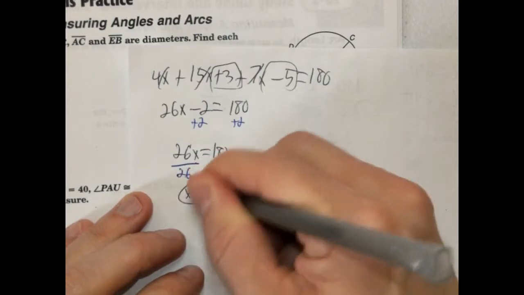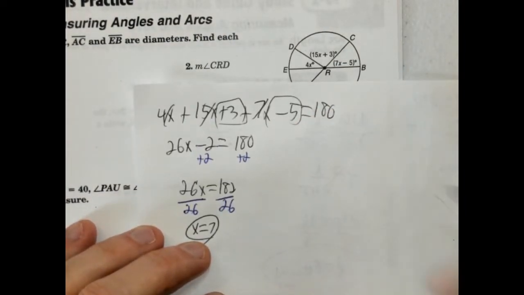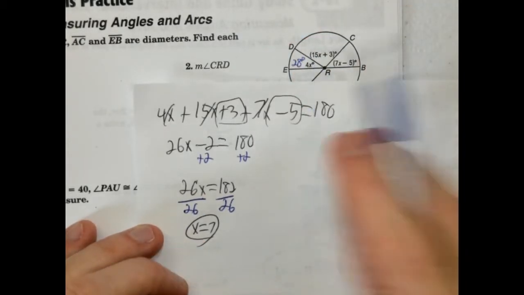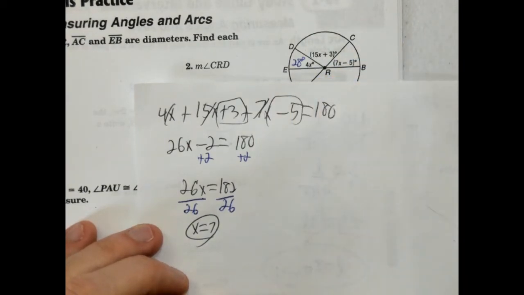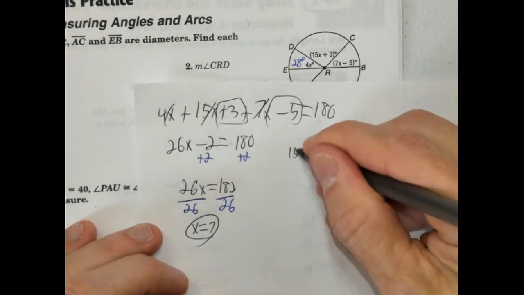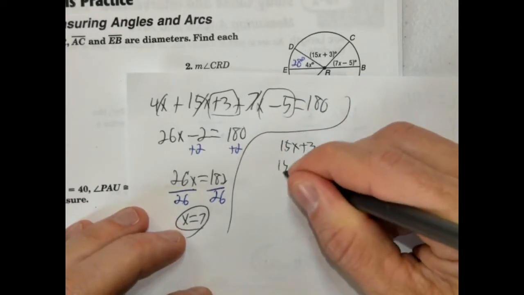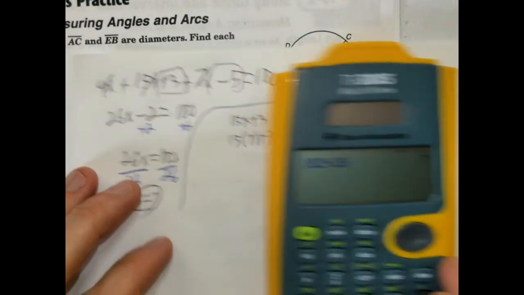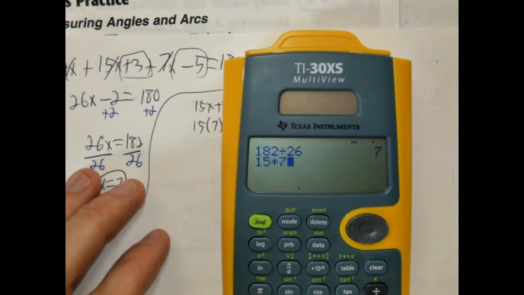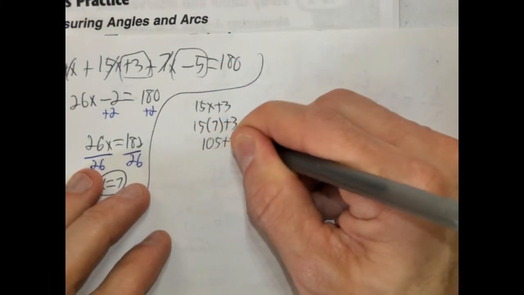Now we can go ahead and go back and find out what all these angles are. So 4 times 7 is 28. So that's 28 degrees. This one I'm not sure. So 7 times 15. So I should actually write this all out. So 15x plus 3, 15 times 7 plus 3. 15 times 7 is going to be 105. 105 plus 3 is 108.